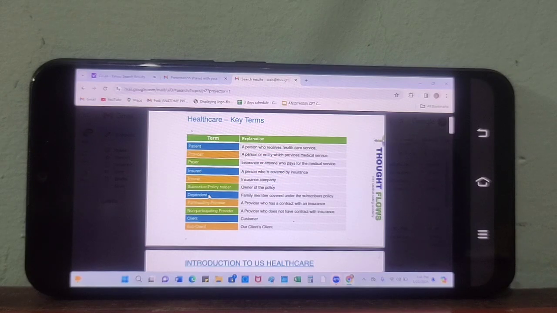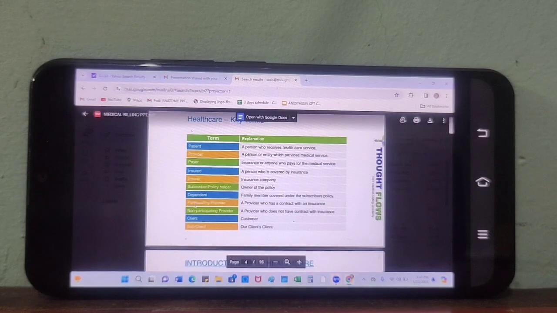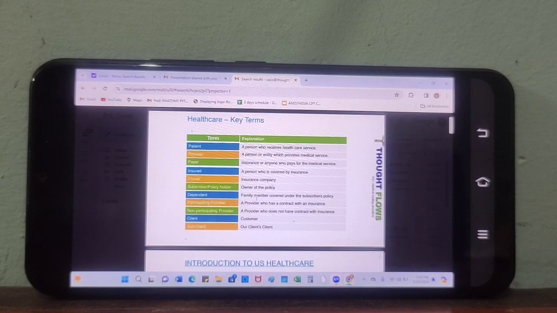Yes, sir. Okay. Then participating provider means a provider who has a contract with an insurance company, because the insurance company will give payment only to that provider. Non-participating provider means a provider who does not have a contract with the insurance company.